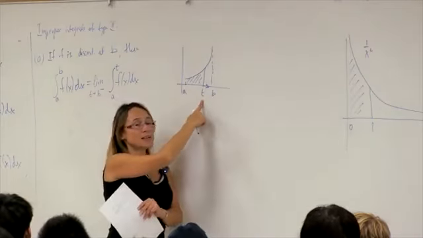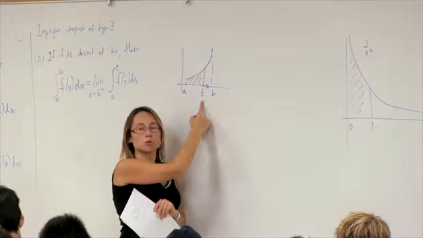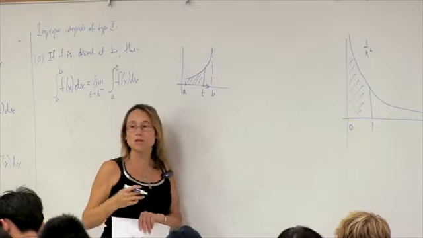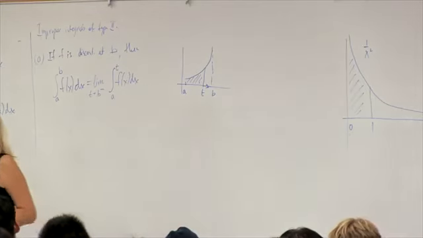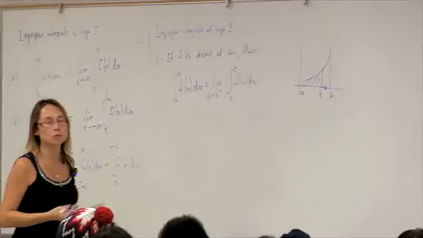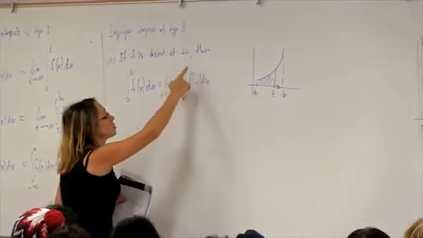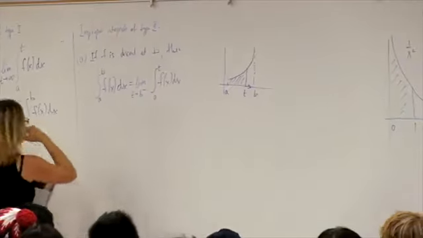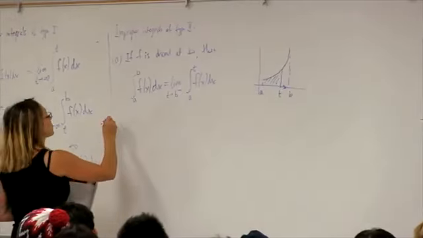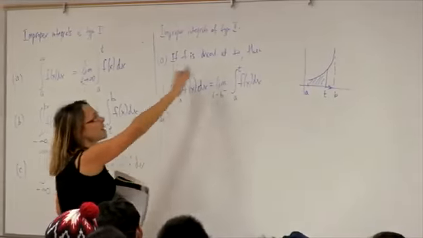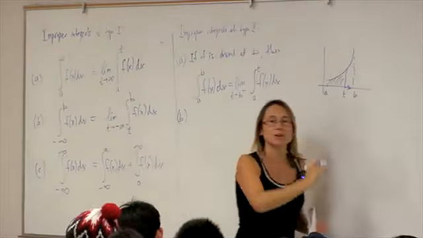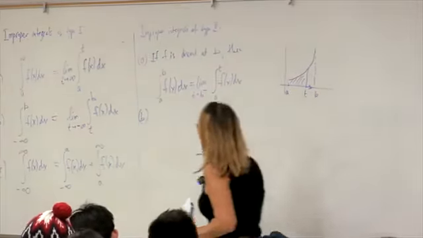For each value of t, when it's not equal to b, we have a normal continuous integrand, and we can use a proper integral to evaluate this expression. Then we take the limit. I'll give you examples in just a few seconds. I imply that everywhere else, obviously, the function is continuous. I didn't write it down.